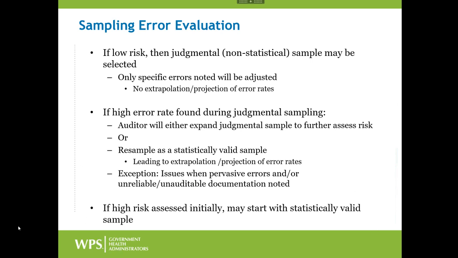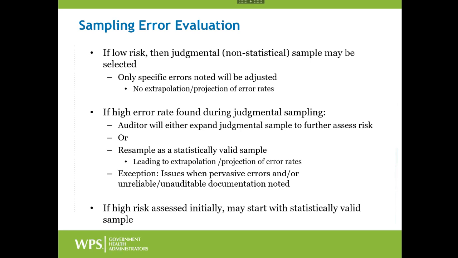Now, there is one exception I want to mention. It kind of goes back to these first two bullet points. Even though with a judgmental sample, we don't extrapolate or project any error rates because it would not be supported, if there is a situation where there were pervasive errors found throughout the entire listing, and/or maybe some other reason to believe that the listing is just absolutely unauditable, unreliable, in those situations, there might be a documentation type adjustment where the entire amount is disallowed due to lack of documentation altogether.